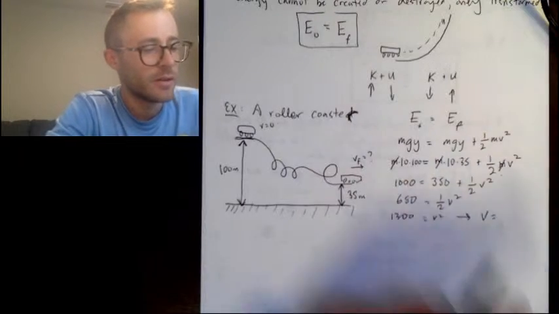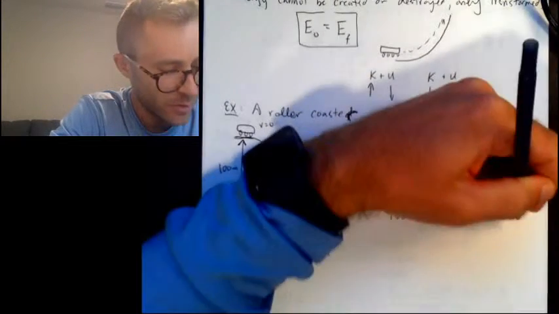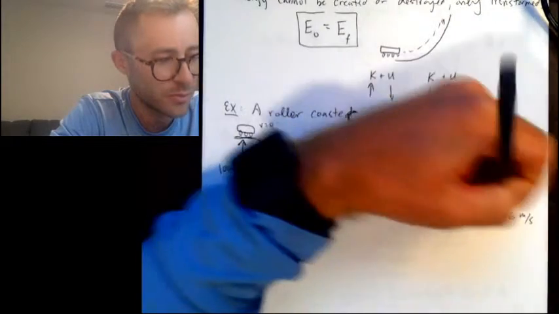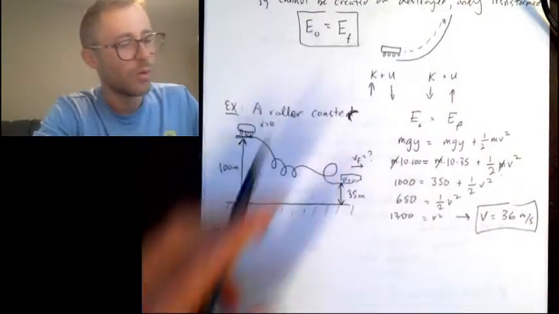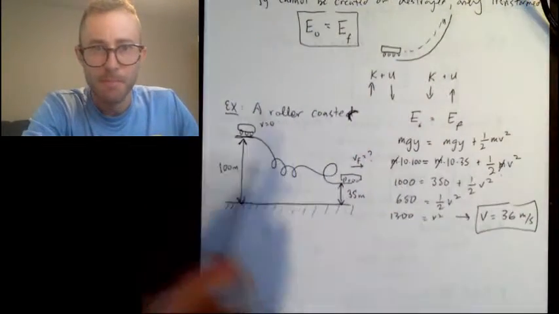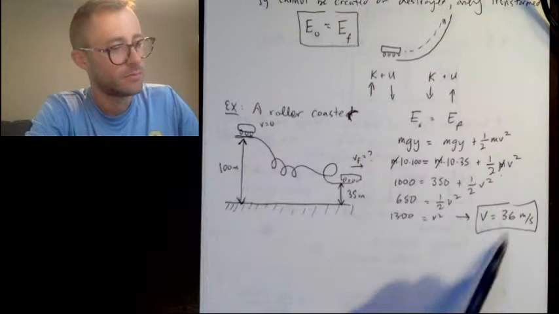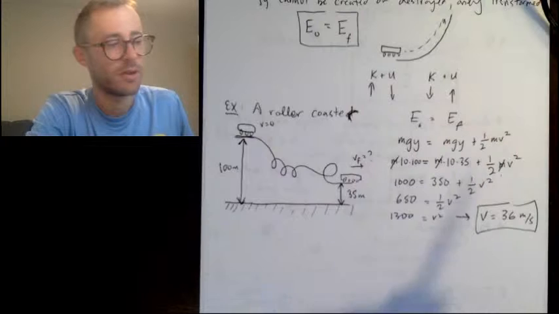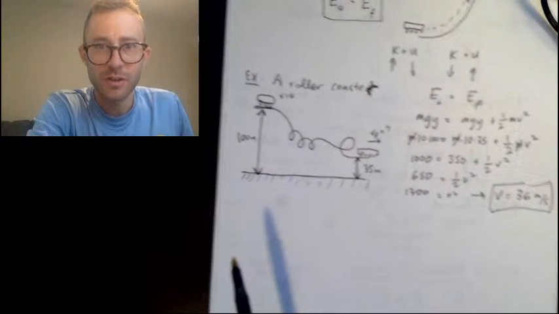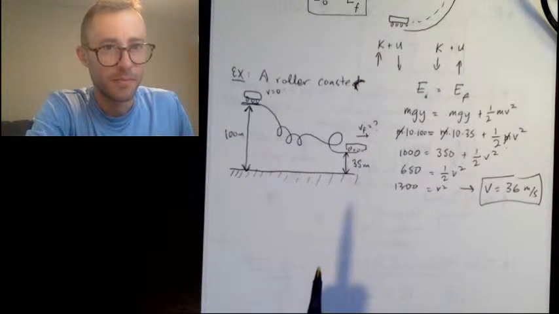And we get that the coaster cart is going to be going at 36 meters per second once it reaches that elevation.